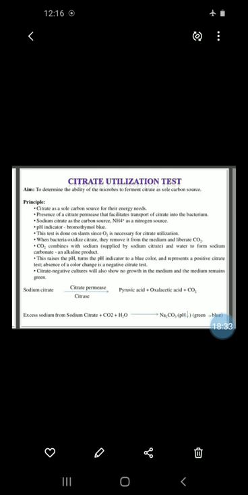It means if there is formation of blue color, then this test is positive. If there is no color change, then this test is negative. Then we see the reaction.